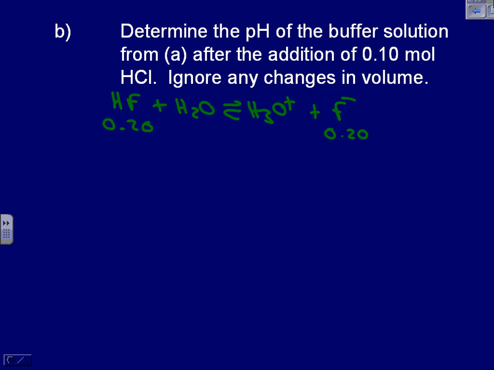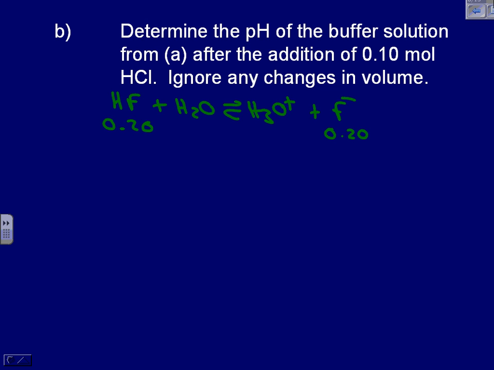Which of my two chemicals is going to leap into action and save the day? If some acid from HCl, strong acid, is added to a mixture of a weak acid, HF, and a conjugate base, which of those two entities is going to leap in and save the day and mop up all of this H3O plus that's going to be added?